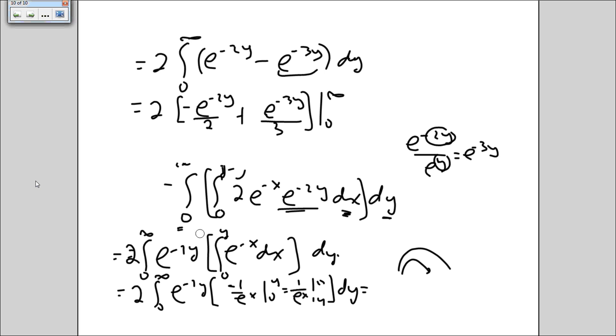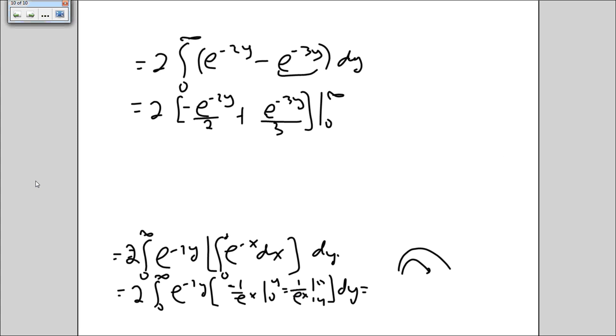Now, more formally in Calc 2, they told you to take limits, because as k goes to infinity, you integrate from 0 to k in proper integrals. Well, I'll be a little bit sloppy. But what I want to do first is put the e's in the bottom. From 0 to infinity.